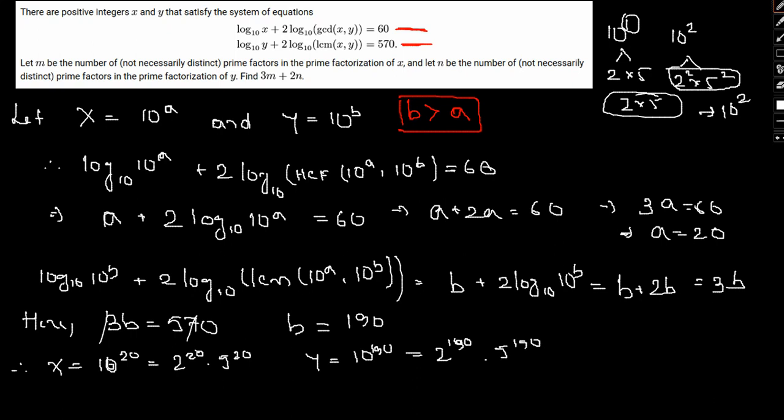Okay, so therefore our answer would simply be, m is the number of prime factors, which in this particular case would be 20 plus 20 for x, and 190 plus 190 for y. So 3m plus 2n would be 3 times 40 plus 2 times 380, which is 880, our final answer.